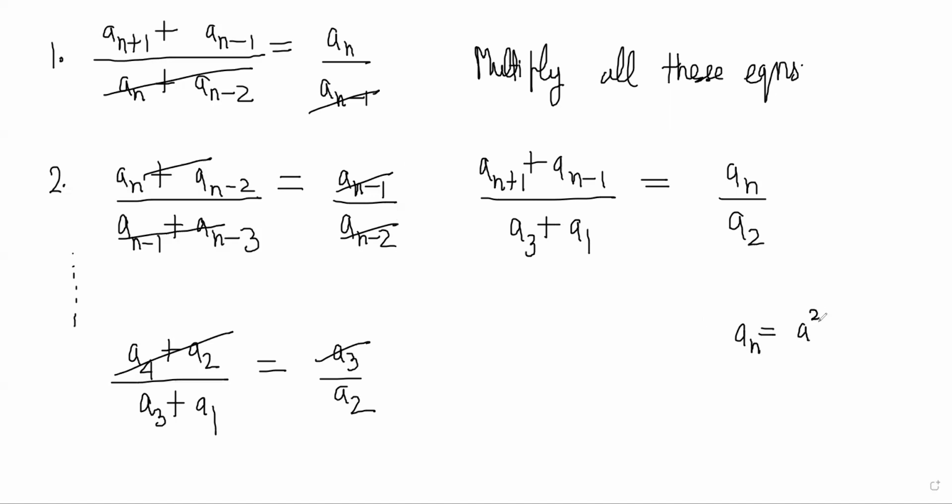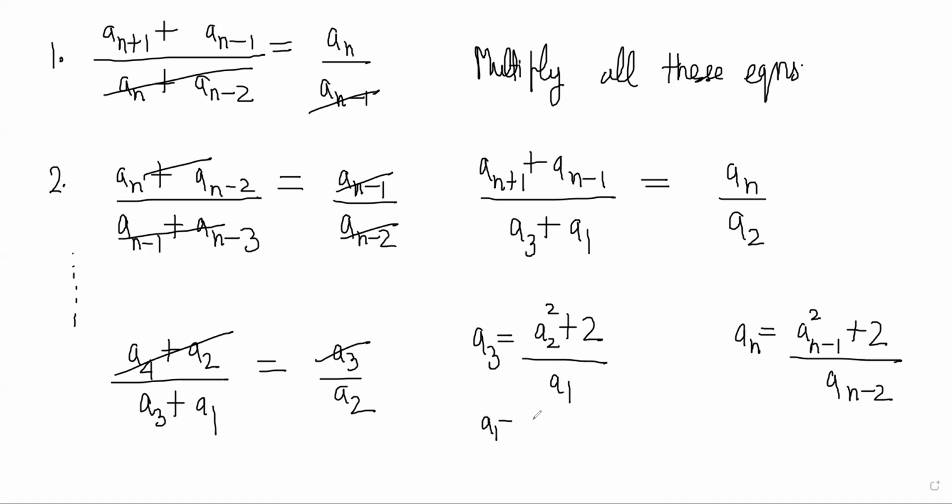Now, using the initial recurrence formula, a_n was equal to (a_{n-1}^2 + 2) / a_{n-2}, we can put 3 here. a_3 is equal to (a_2^2 + 2) / a_1, but a_1 and a_2 are equal to 1. So that implies that a_3 is equal to (1 + 2) / 1. So that is 3. a_3 is 3, right? So now we know a_3 is 3, a_1 is 1, and this is also 1, right? So basically, what are we getting here?